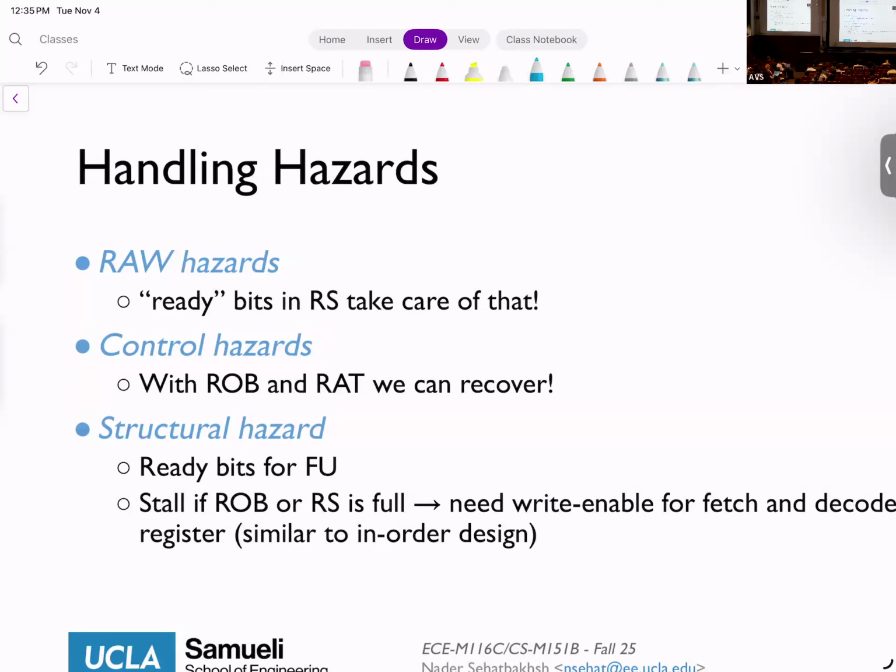For structural hazards, we also have ready bits for things like functional units, and we check the availability of the ROB or reservation station. Whenever they are full, we stall the front end of the processor. Renaming also fixes the unnecessary hazards, like write-after-write or write-after-read. Any questions about the hazards?